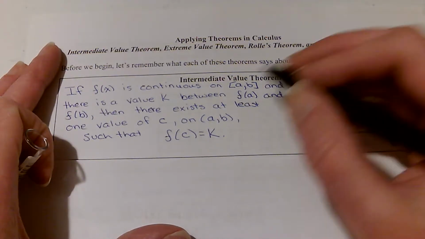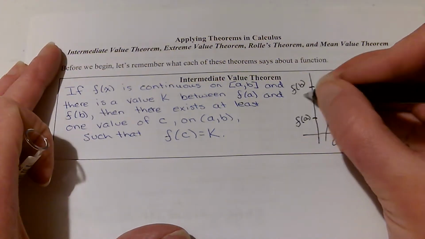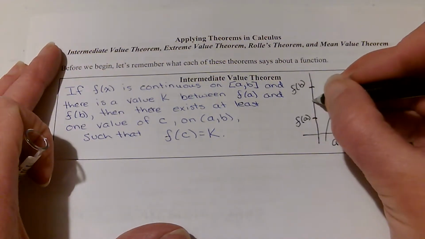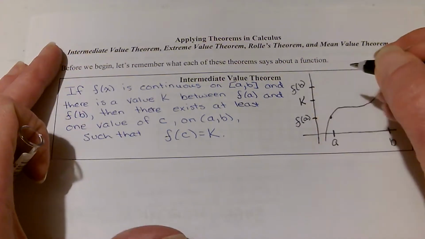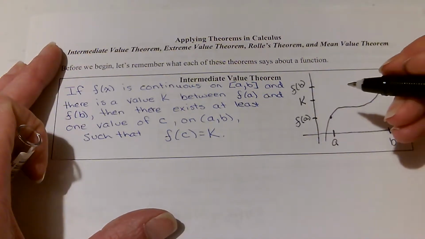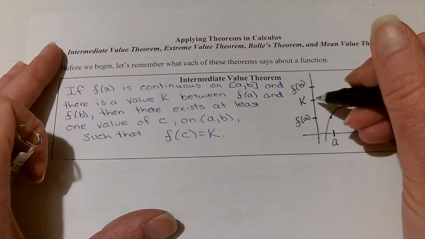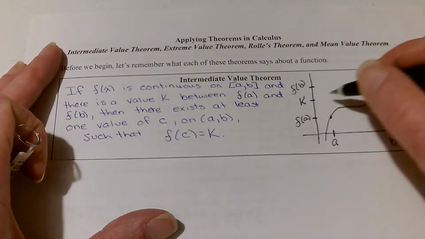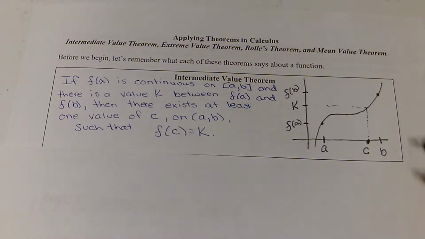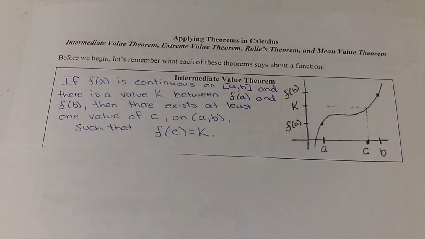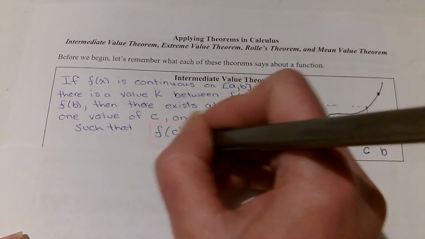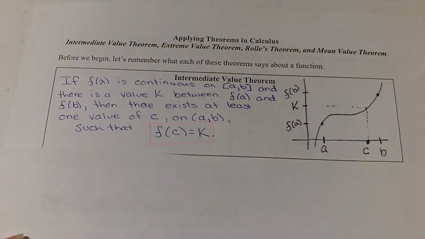If we know a value k somewhere in that realm, what intermediate value theorem says is that there's going to be an x value that has that k as a y value. Somewhere, this c value has k as a y value. That's all it really says. It really just means we're going to pass through every y value on the way from a to b.